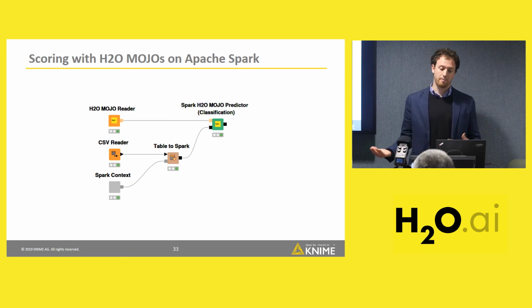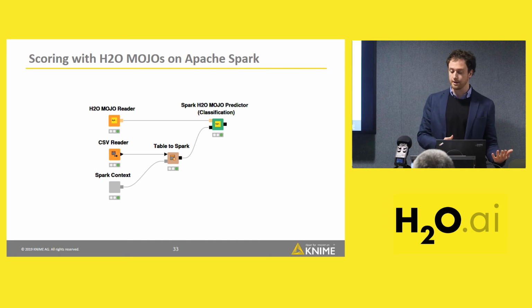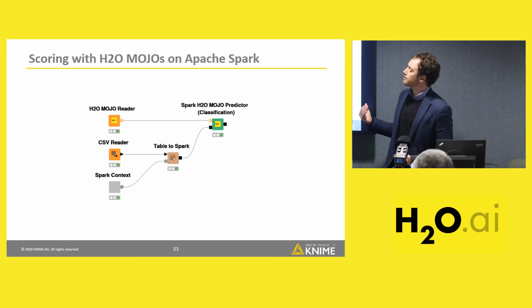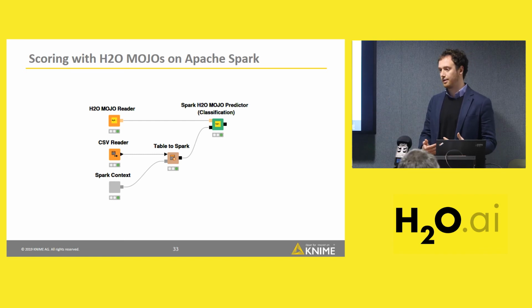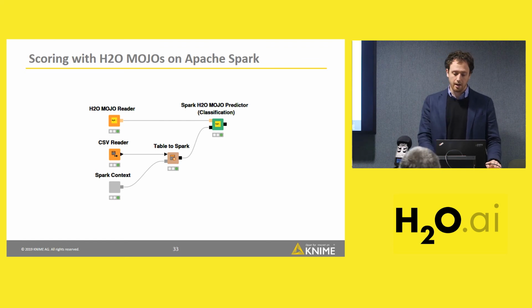You would use an H2O module reader, and then you would use it for classification directly on Spark. You would use a Spark context, convert the data you have to Spark, and then run with a Spark H2O module predictor and make the prediction on Spark. That's really fast scoring if you need really a lot of predictions right away, right?